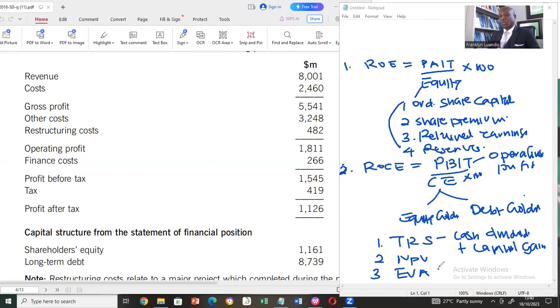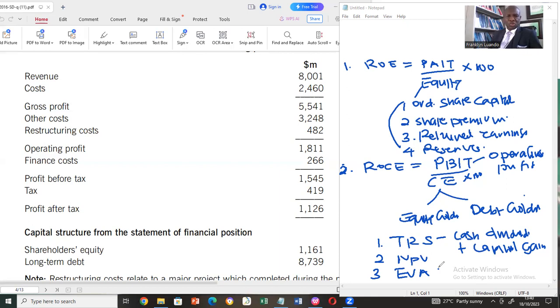So when you have positive EVA for the company or for a project, it means value has been created for the shareholders. So basically, we can use these three to measure directly the maximization of shareholders' wealth.